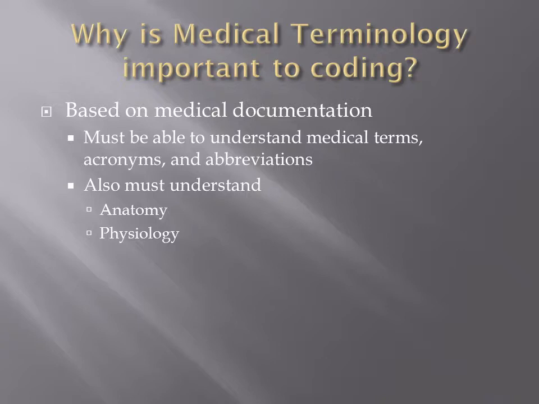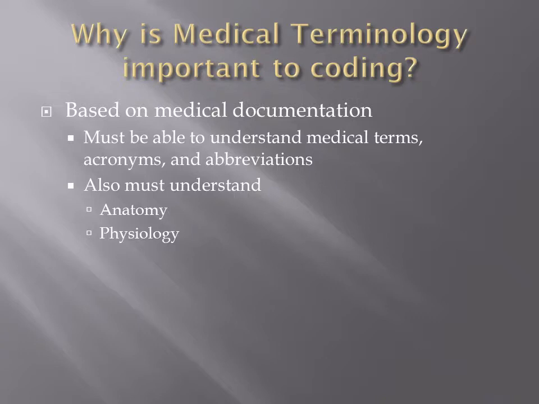Why is medical terminology important to coding? Boy, we have a lot of questions in this chapter, don't we? All your codes are based on medical documentation. So we have to be able to understand the medical terms, the acronyms, the abbreviations that are involved in order to interpret the information and put it into the form of a code.